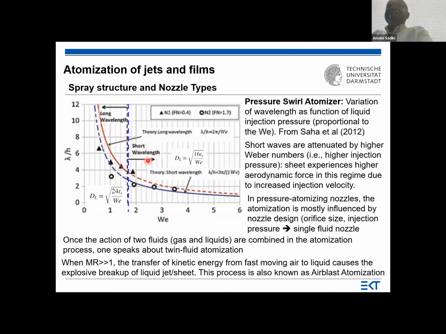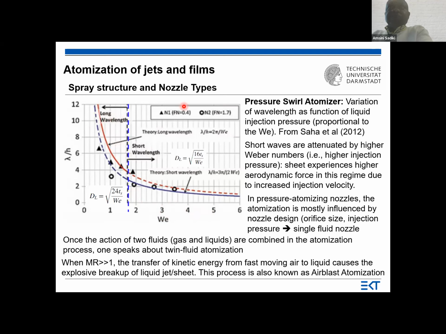We see that the short waves are attenuated by a higher Weber number. The sheet experiences higher aerodynamic force in this region due to the increasing injection velocity, which is related to this higher Weber number. We also see that the long waves are not attenuated.